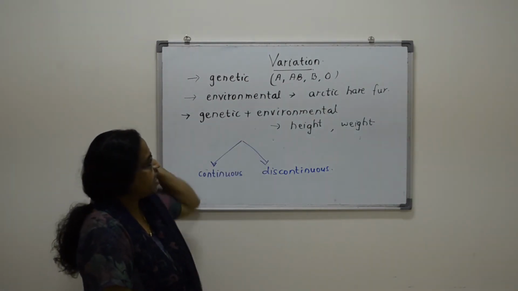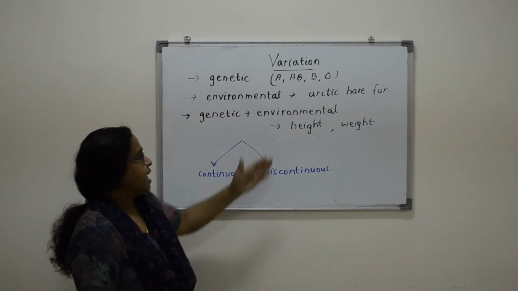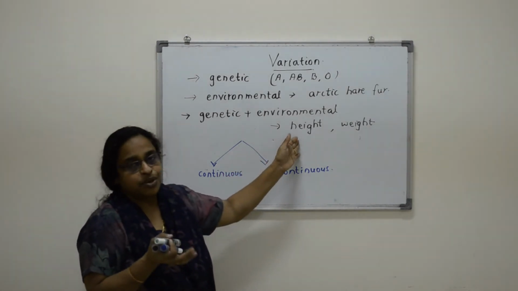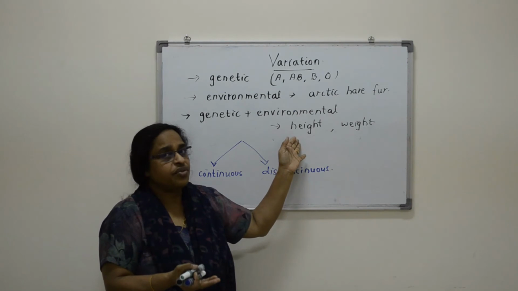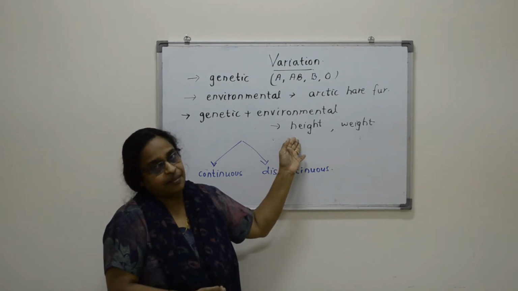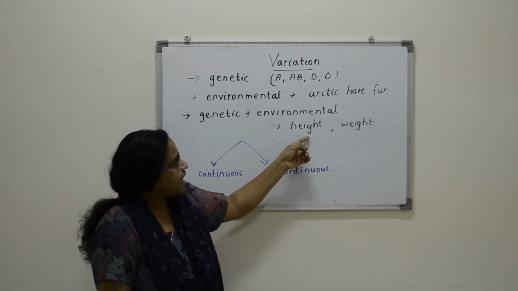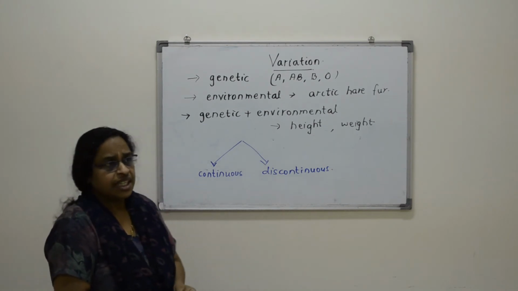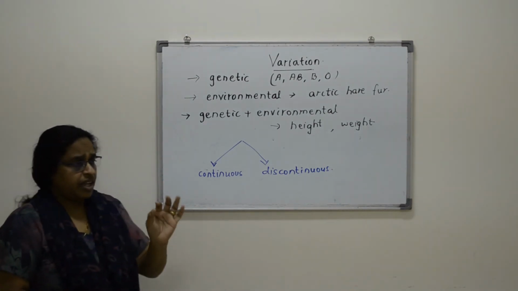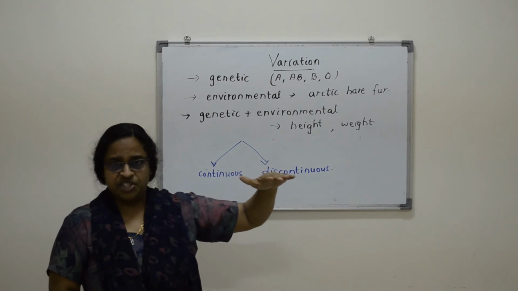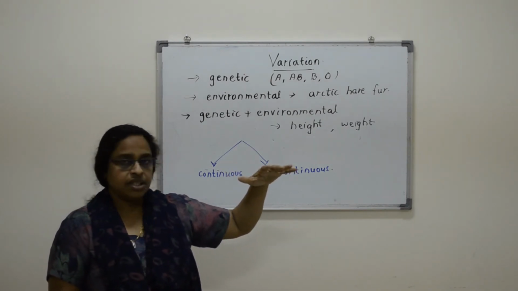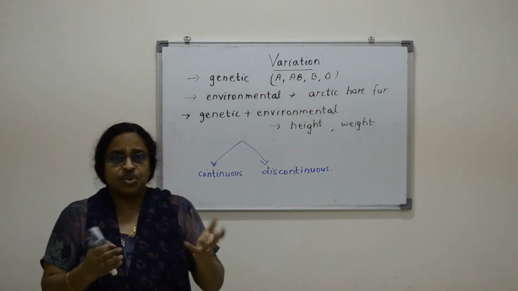And continuous variation is because of genes and also because of environmental factors. And you can see here height. You cannot say a 15-year-old boy must have this much height, a 15-year-old girl must have this much height. It's not like that.